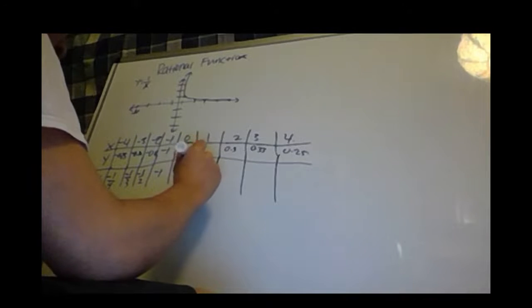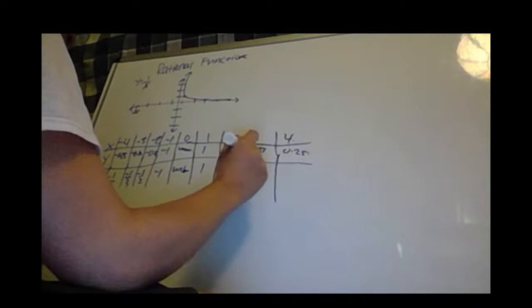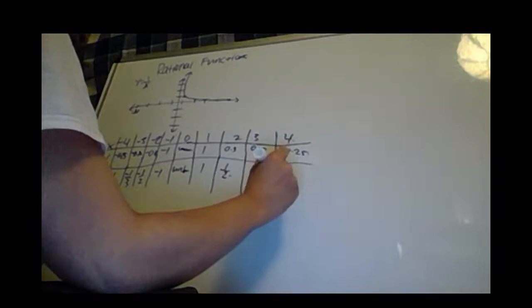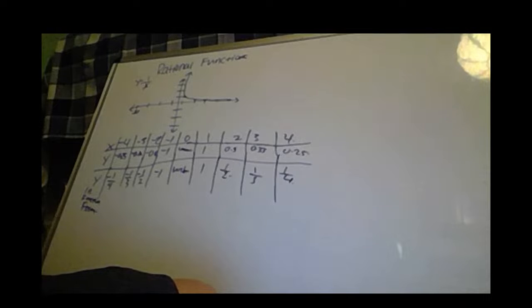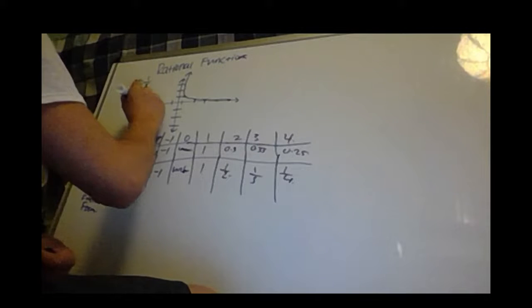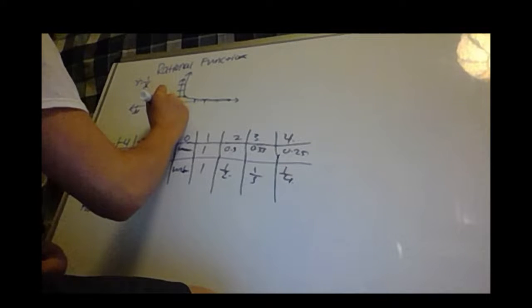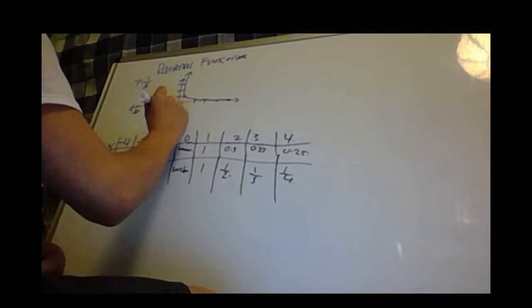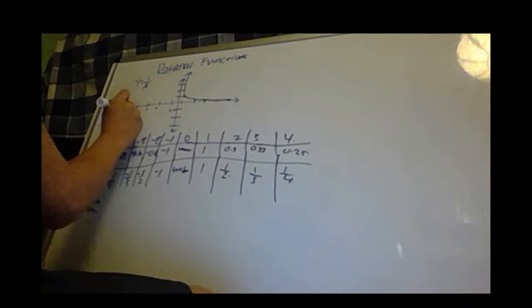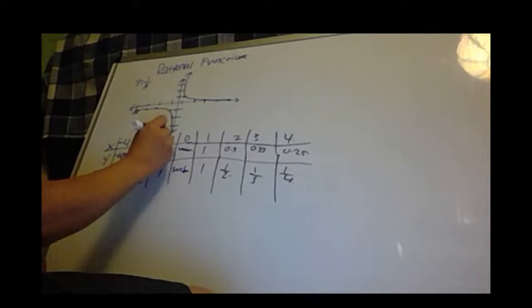For 1 over 1 it's 1, then 1/2, 1/3, 1/4. Okay. So if we plot those points, we have negative 0.25, negative 0.33, negative 0.5, and negative 1 right here. And then it's undefined from there, so we just draw the curve like this, right?